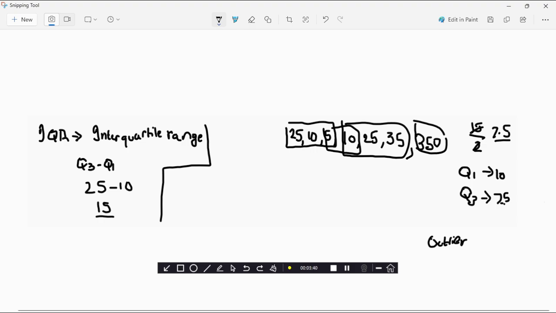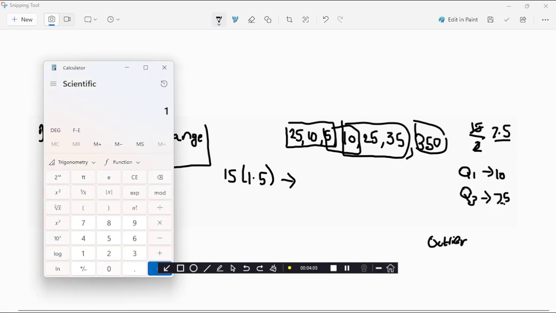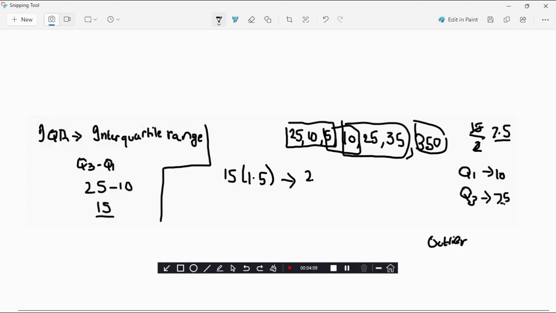The way you would test it out is you would simply multiply your IQR by 1.5. In this case, this will be 15 times 1.5, which comes around 22 and a half.